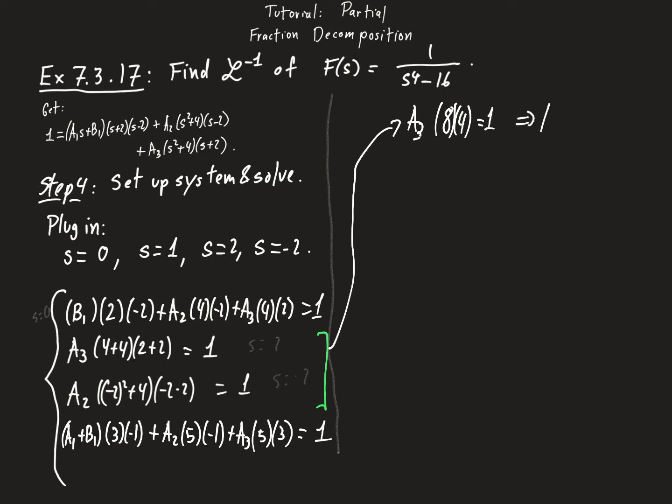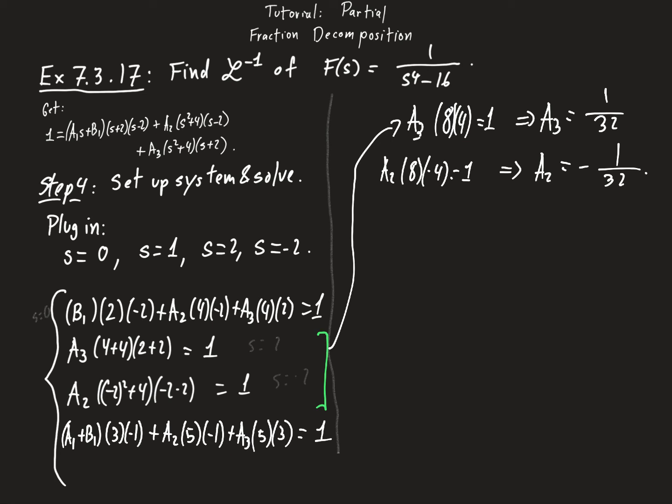And that's going to give us that a3 is going to be equal to, I believe, 1 over 32. And the other one is going to give us that a2 times 8 times negative 4 is equal to 1. And therefore that a2 is equal to negative 1 over 32. All right, now we can plug these in and get some more work done in the next ones.